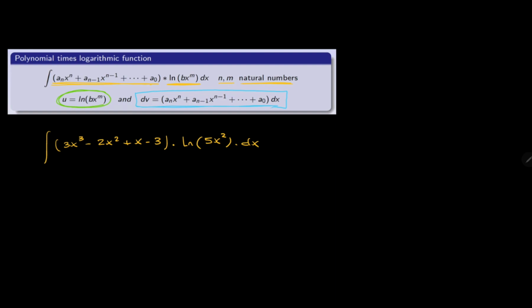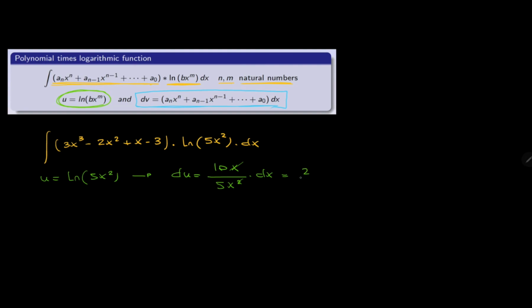So now the formula says that our u, the expression that we're going to derivate, is the Neperian logarithm of 5x squared. I derivate, and du is a fraction, it's 5x squared at the denominator, and 10x, the derivative, at the numerator. And notice that, and this is important in this case, we can simplify, and it's highly recommended that you do simplify.